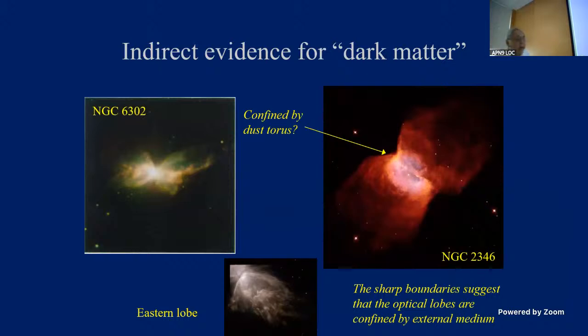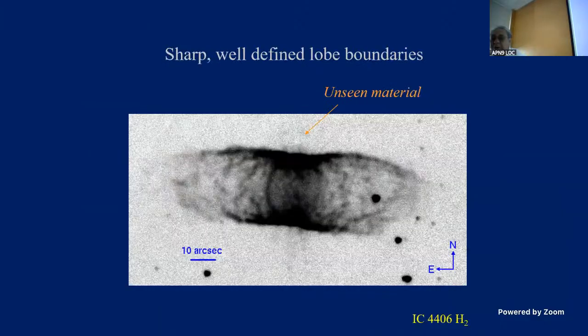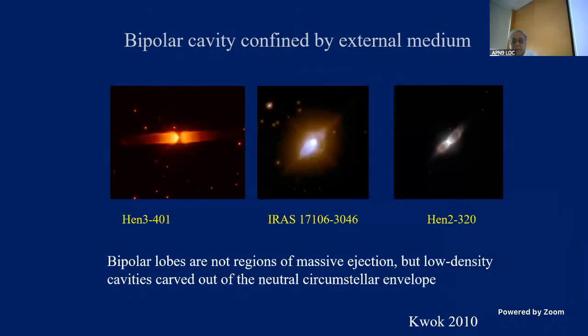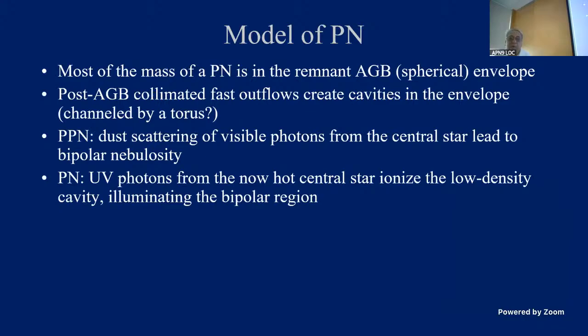But most of the mass is probably outside of the nebula. So we have sharp boundaries in many examples, bounded by unseen matter. Bipolar loops are not regions of mass ejection, but low-density cavities cut out by collimated outflow.